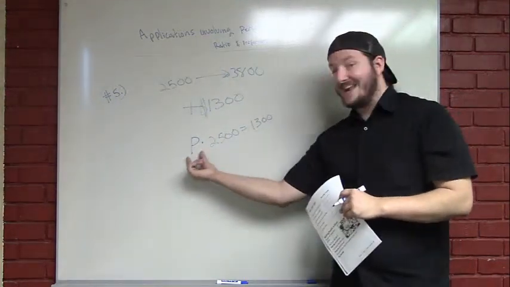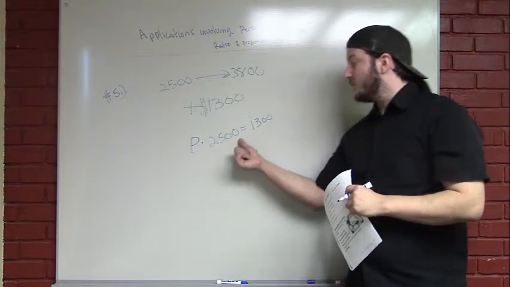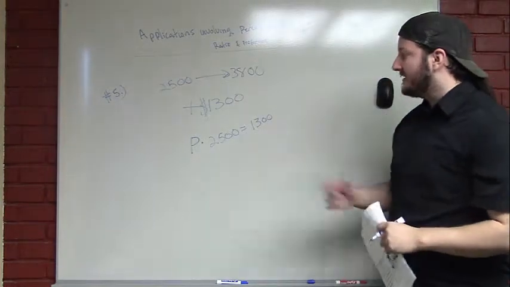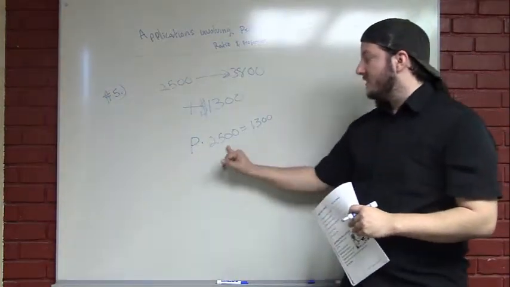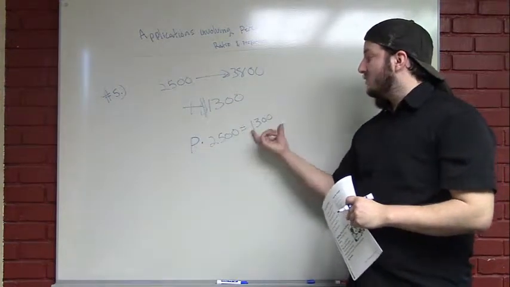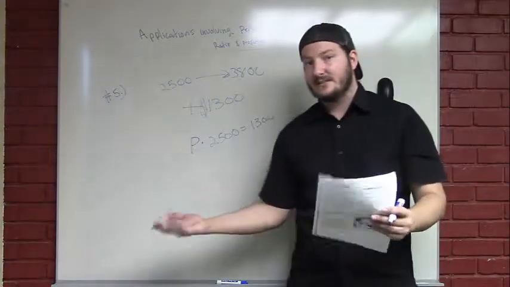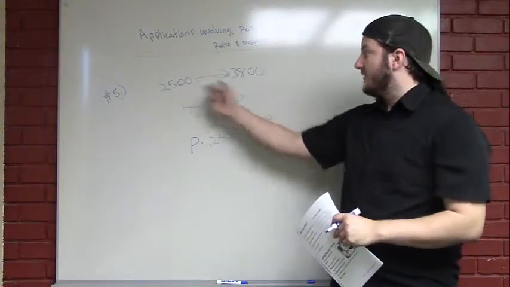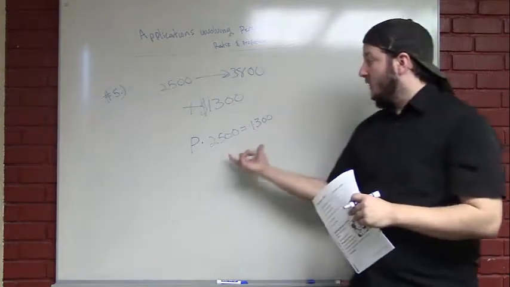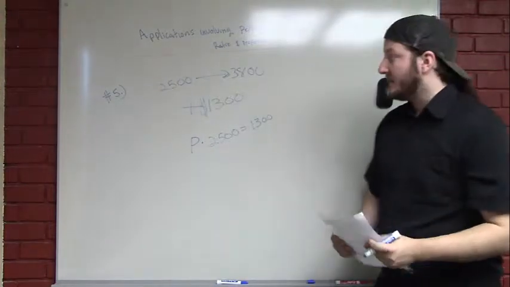So what percent of the original cost equals how much it increased by, okay? Whatever percent that is, that's going to be the percent increase from 2,500 to 3,800, okay? So again, just make sure that this makes sense to you. Let me break it down one more time.